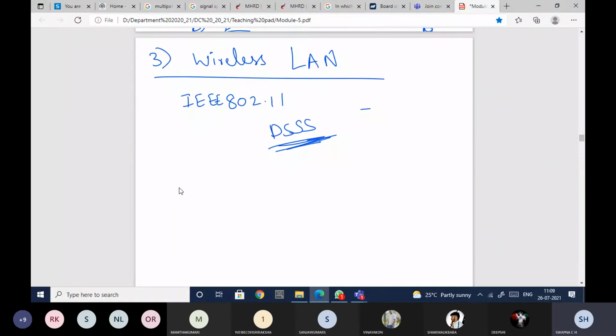The next application is GNSS. GNSS is nothing but Global Navigation Satellite System.